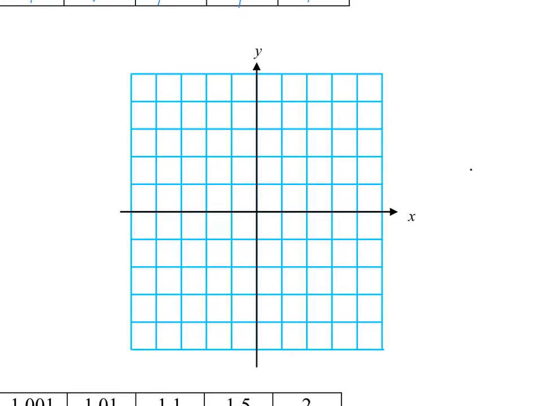So I come back over here to my graph. I have a vertical asymptote at 1, and it's going to shoot up and it's going to come back down. Okay? So that's what the graph looks like.